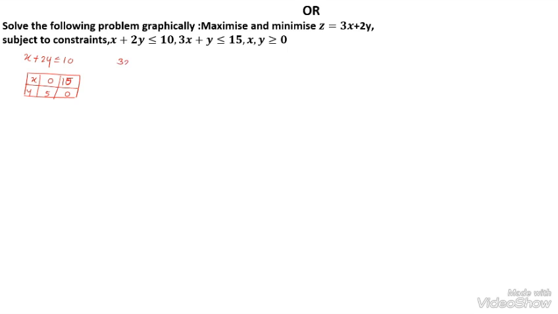Similarly, for the second equation 3x plus y less than or equal to 15. Here also, checking the condition, put x equals 0, y value becomes 15.